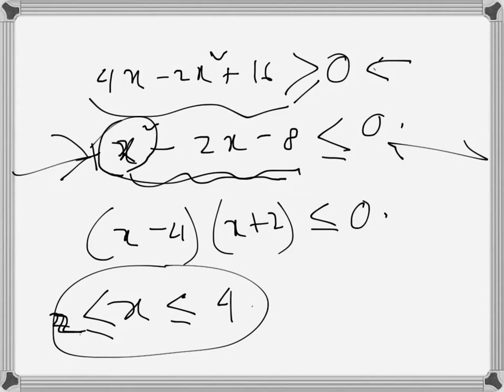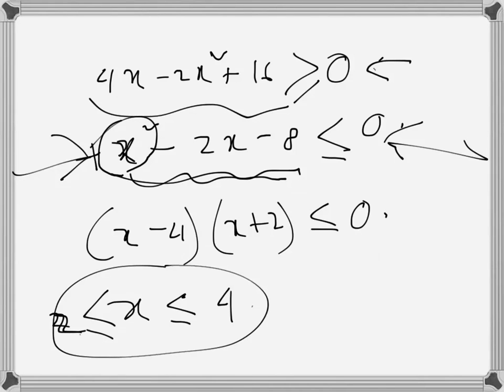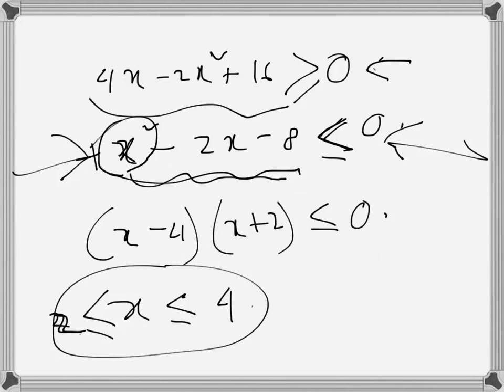So it has to be less than 0, and only this part between the roots is less than 0. It is less than 0 because I am plotting this parabola after dividing by minus 2, so basically it's the negative one.